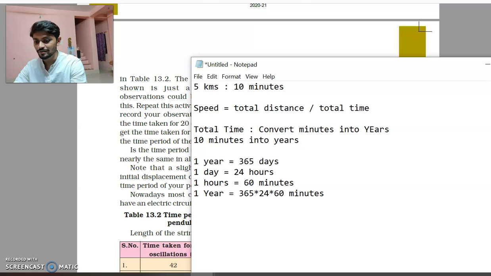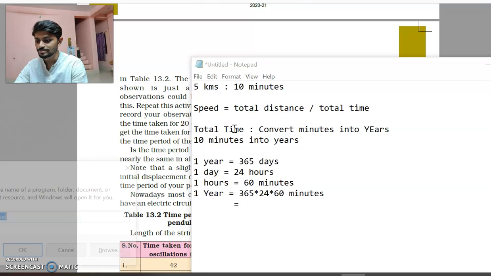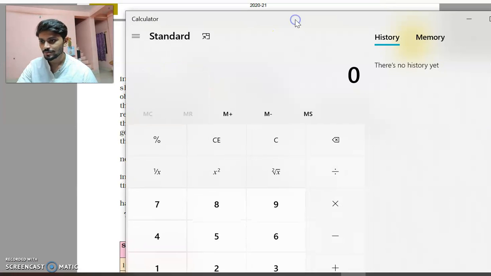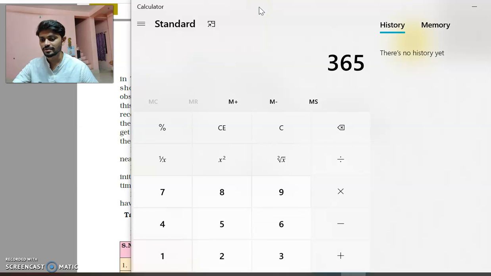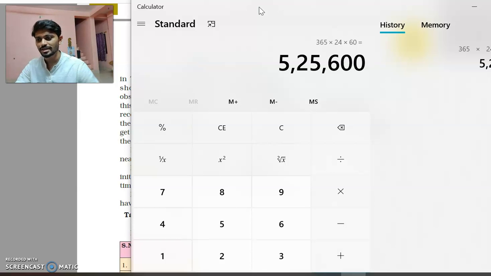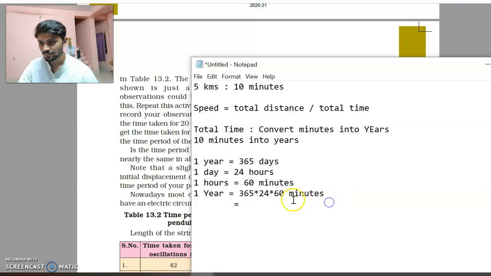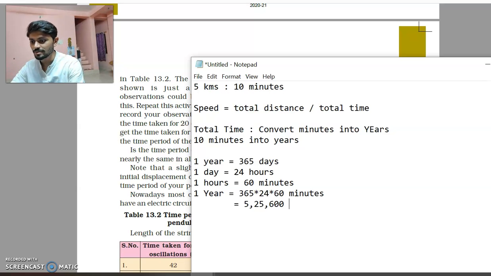We will need a calculator to calculate this value. This will be a very big value. So let us see what the calculator shows. We have 365 into 24 hours in a day into 60 minutes in an hour. So we have 5,25,600 minutes in a year.